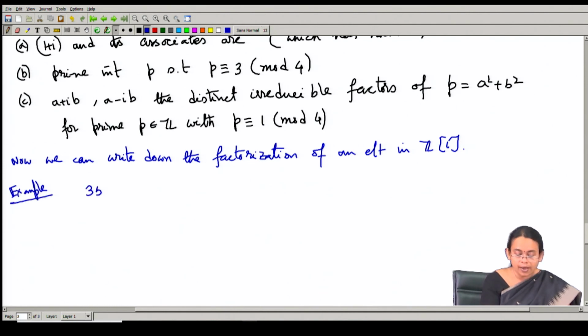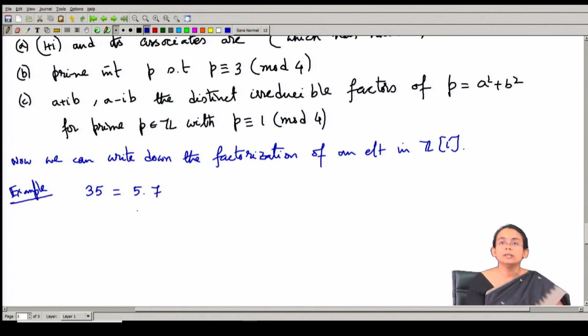Suppose I have the number 35. 35 is an integer. First, we write down the prime factorization of this integer as a product of prime integers. 35 can be written as 5 times 7. Now we will see whether 5 and 7 are Gaussian primes or not.